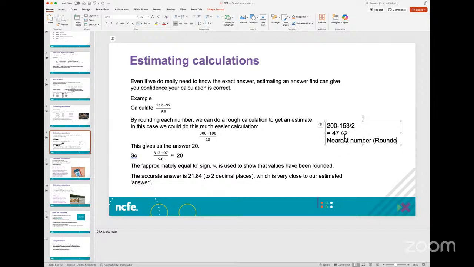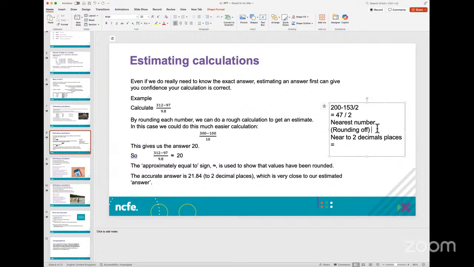And then when I say near to two decimal places, this is the other way of asking. So when I say rounding off, 47 divided by 2 is 23.5. So if I need to round off, is 23 closer to 20 or is it closer to 30?